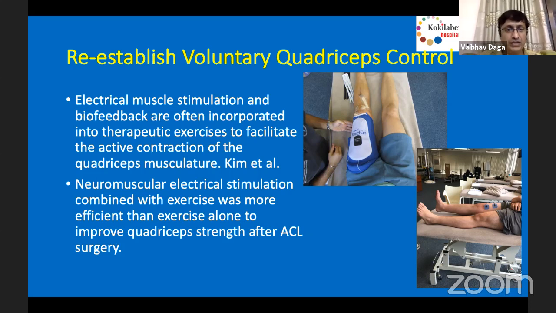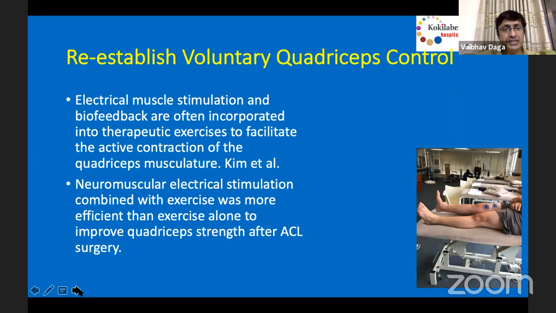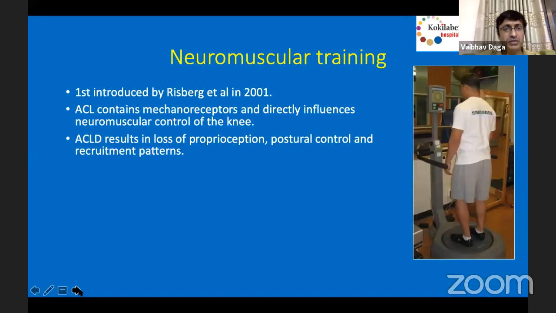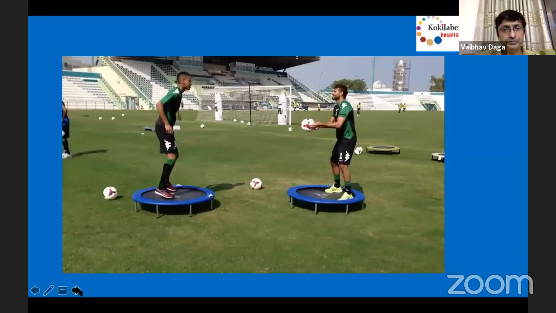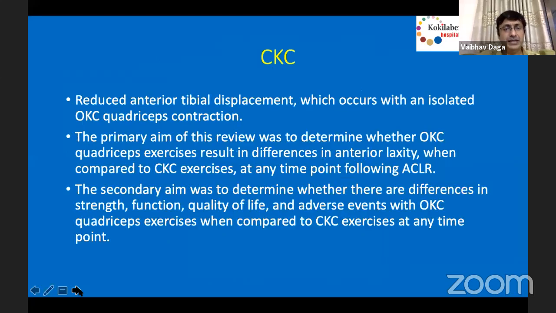If I go back to my presentation and show you that slide where we talked about open chain versus closed chain, you will understand. That is where we mentioned the aim of the study, which was to determine whether open chain quadriceps exercise results in differences in anterior laxity compared to closed chain. The secondary aim was to determine whether there were any differences in strength, function, and quality of life.